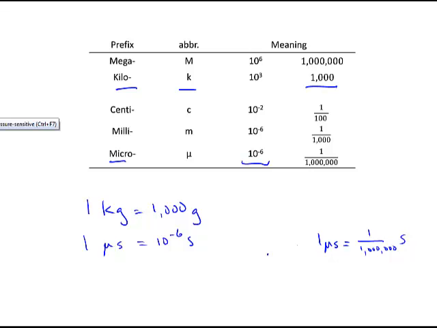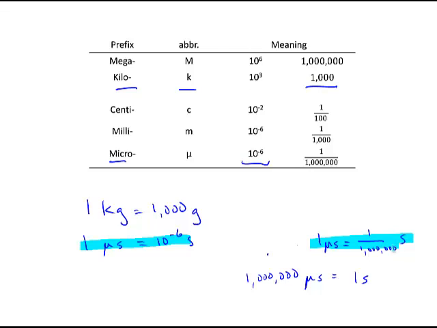We could also do some algebra and move the 1,000,000 term up to the numerator on the left and say 1,000,000 microseconds is the same as 1 second. Any of these formulations are fine.